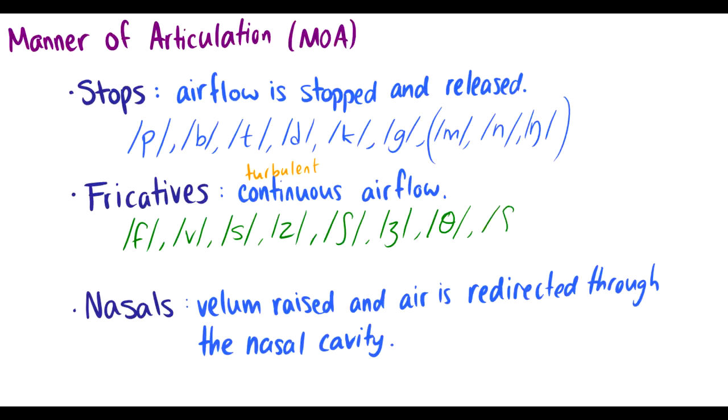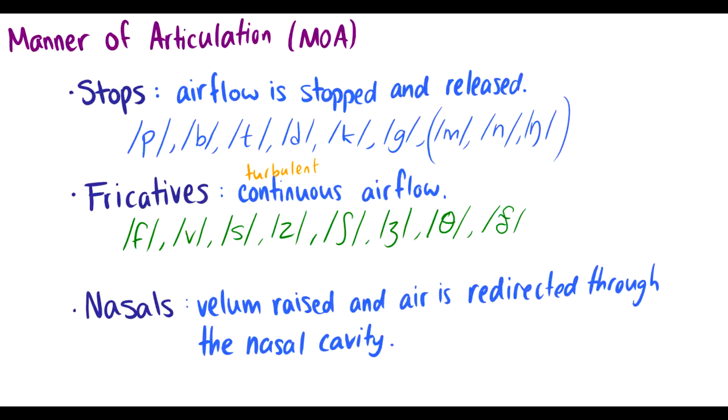We have the eth for sounds like though or although. So that's that vibrating theta sound. And I believe that about covers all of the fricatives we have in English. I might be missing one, but I think that's most of them.